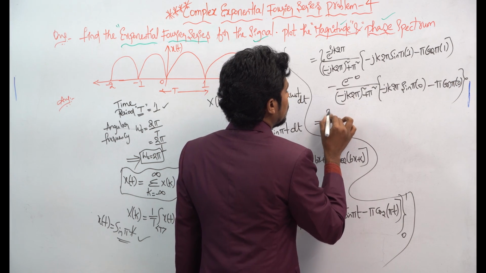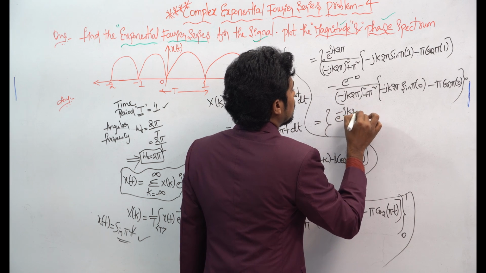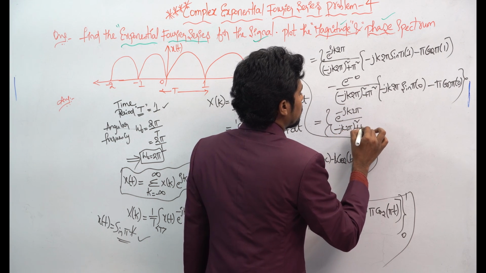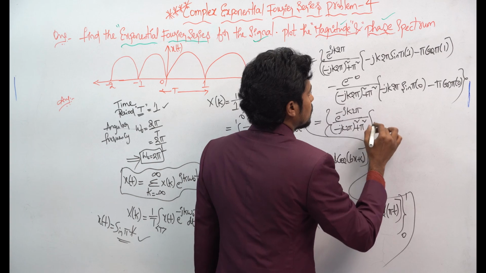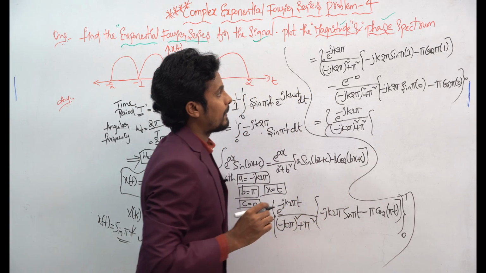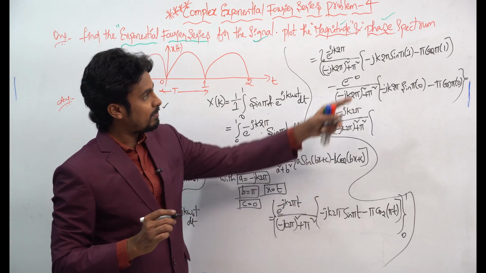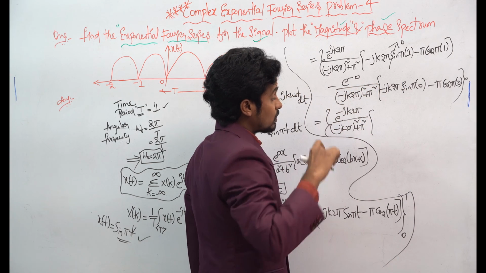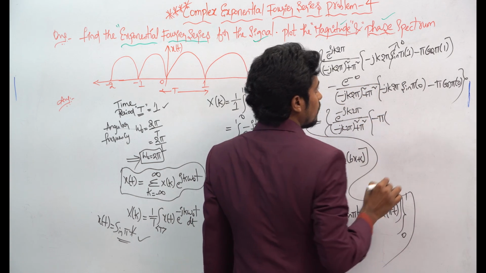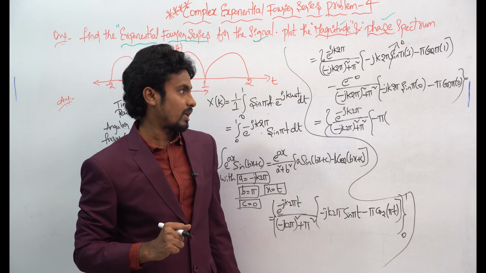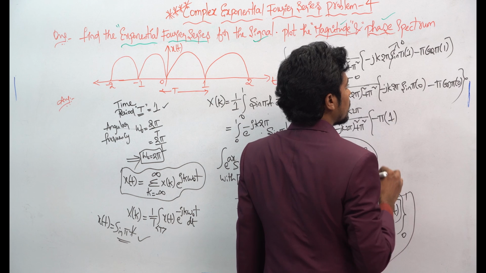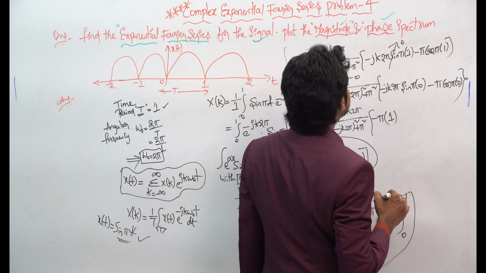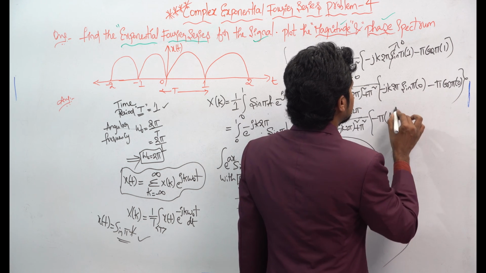So this is equal to e power minus jk 2 pi divided by minus jk 2 pi whole square plus pi square. Sin pi is 0, minus pi into cos pi, and cos pi is minus 1.